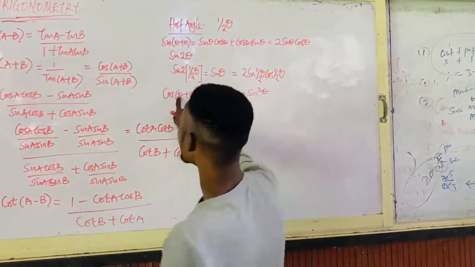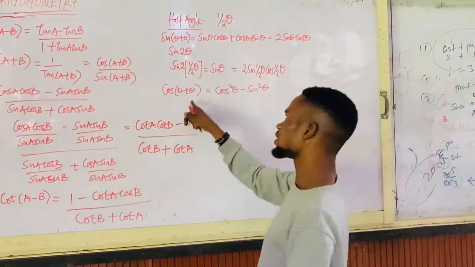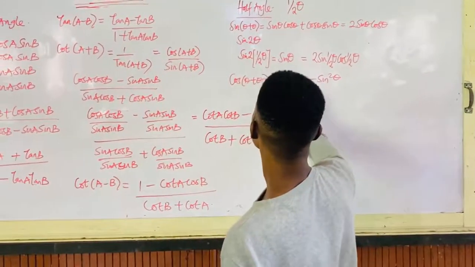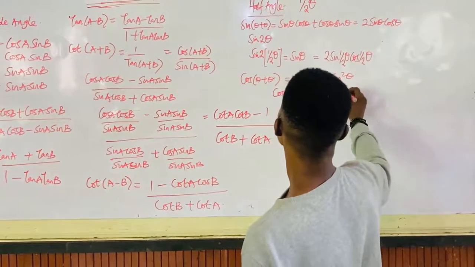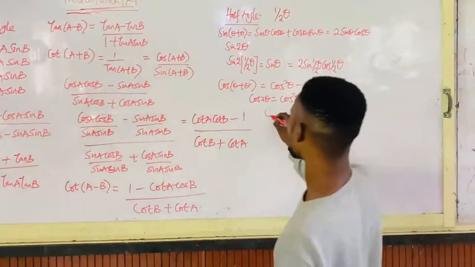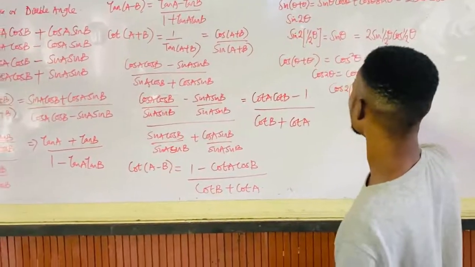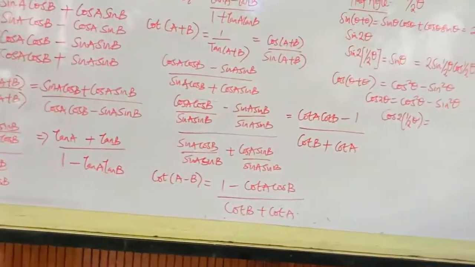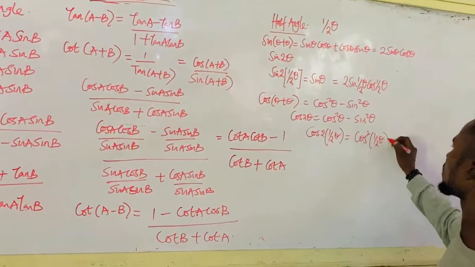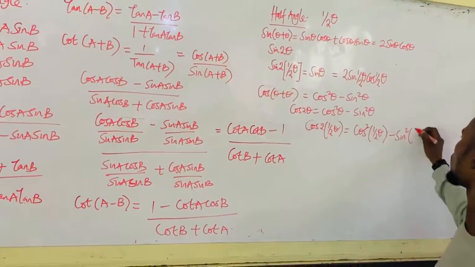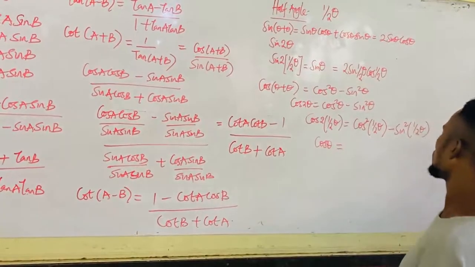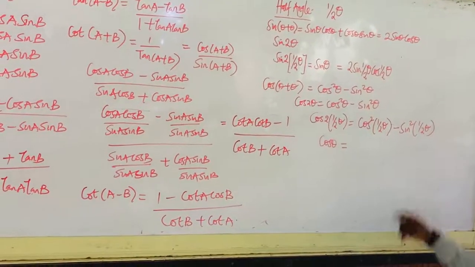If we replace theta with 1 over 2 theta, that gives cos theta equals cos square 1 over 2 theta minus sine square 1 over 2 theta.